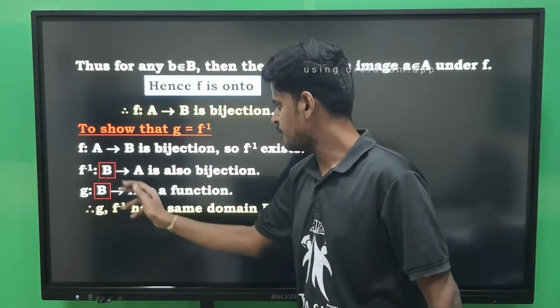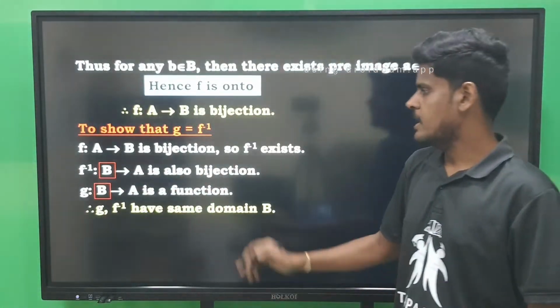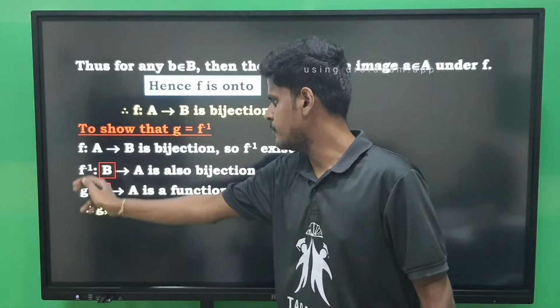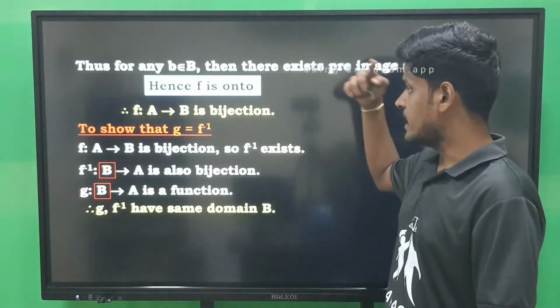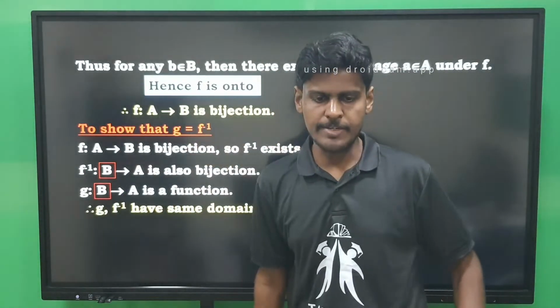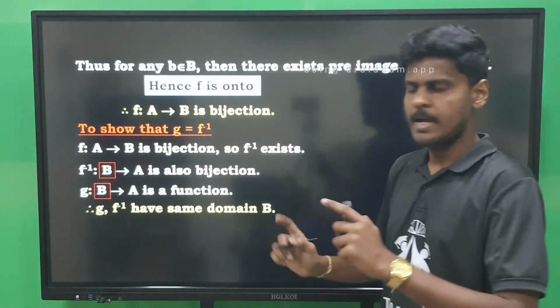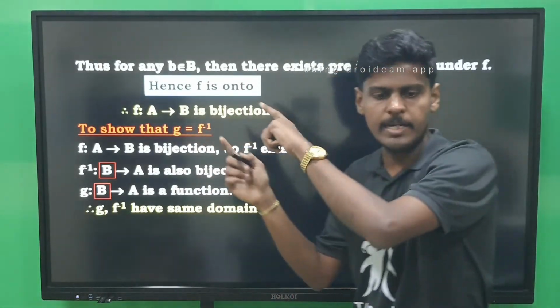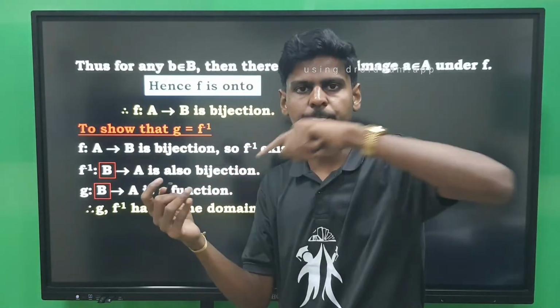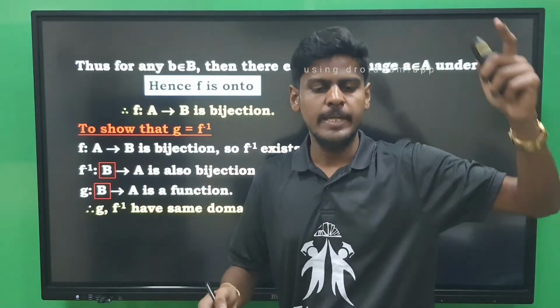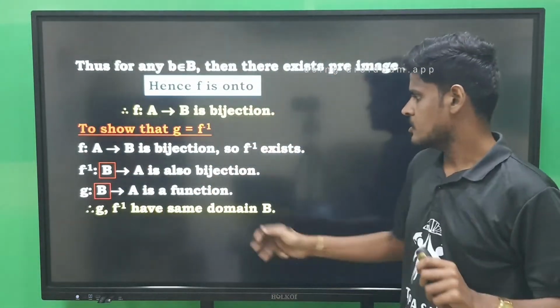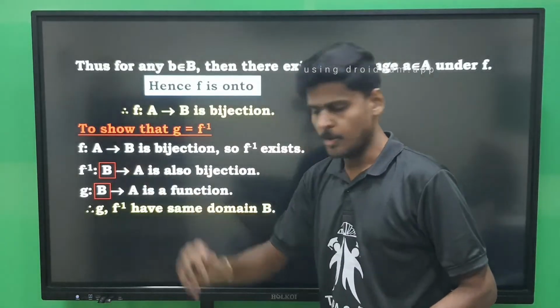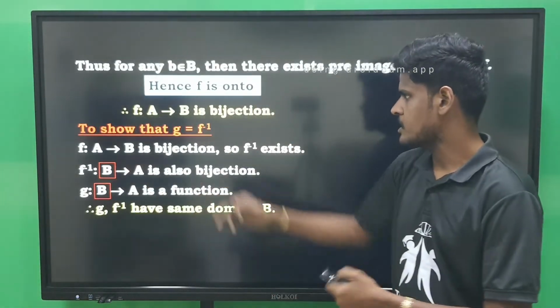And g is also a function from B to A. That means both the domains of f inverse and g are same. What is the condition for proving g equal to f inverse? Both the domains should be same, and range and codomain both should be same, and every element in this codomain should have the same pre-image in the domain of the function. So g and f inverse have the same domain. That is what we established now.